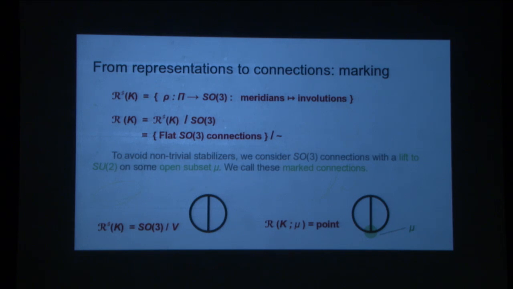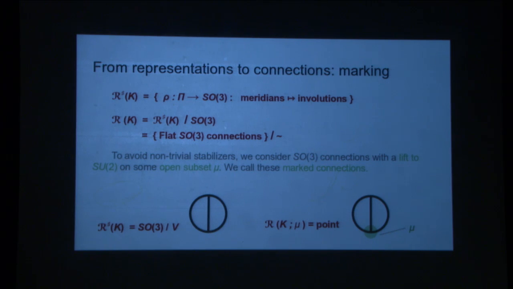Inside SU2, the lift of the Klein-4 group has no stabilizer. If I take the inverse image of the Klein-4 group in SU2, I get the group of order 8, which has no stabilizer in SU2. So what we're going to do is introduce an open set, I'll call it mu, which will typically be the neighborhood of some vertex of the graph. And instead of just SO3 connections, we'll look at SO3 connections together with a lift to SU2 on that open set.